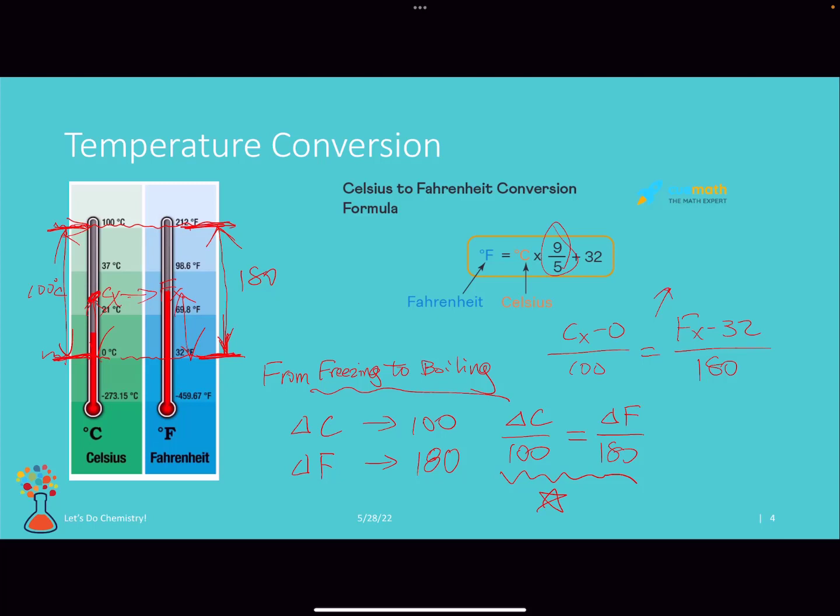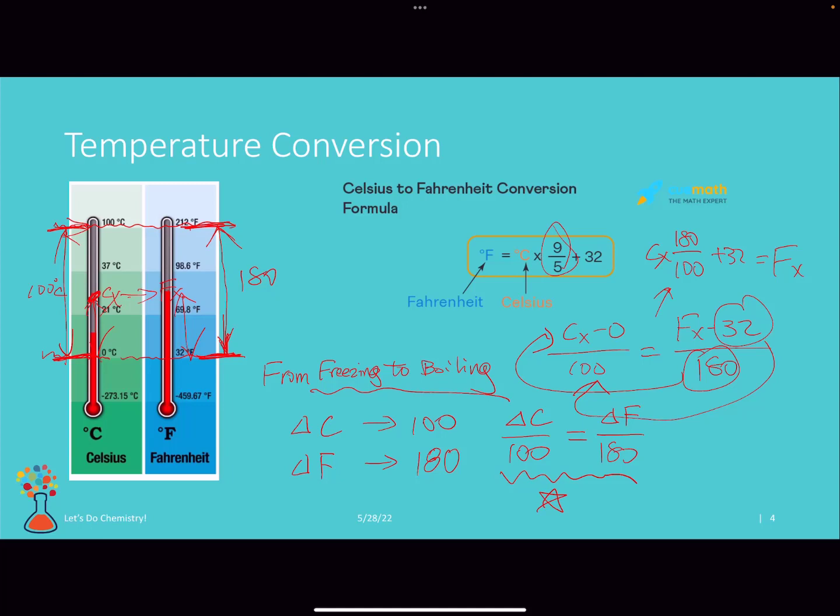On one side you want to keep Fahrenheit Fx right here. So the goal is to move this to this side, and then move this also to this side. If you do the math right, you are going to have Cx times 180 over 100 plus 32 equals Fx.